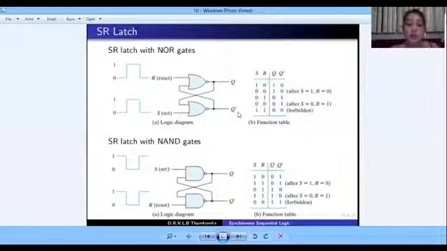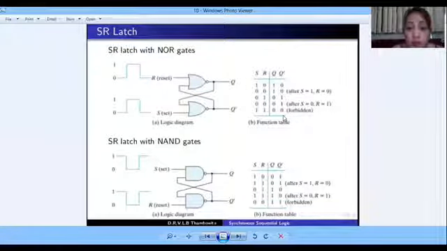In NAND gate, set will output the Q and reset will output the Q bar. And the function of the latch will work on 0, 0. Ito. And the undefined will work on 1, 1. Mamamatay siya.